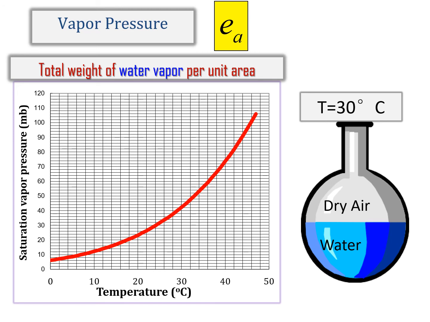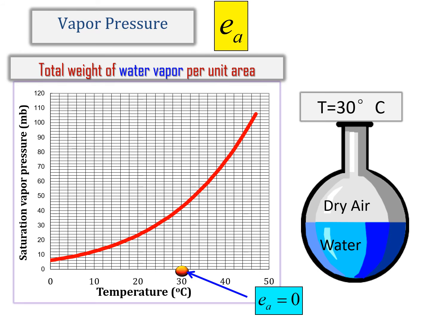That means vapor pressure is zero. At 30 degrees C. So we use EA to express vapor pressure. Under such a case, at 30 degrees C, in the dry air, there's no water vapor. Total weight of water vapor is zero. So vapor pressure EA is zero.